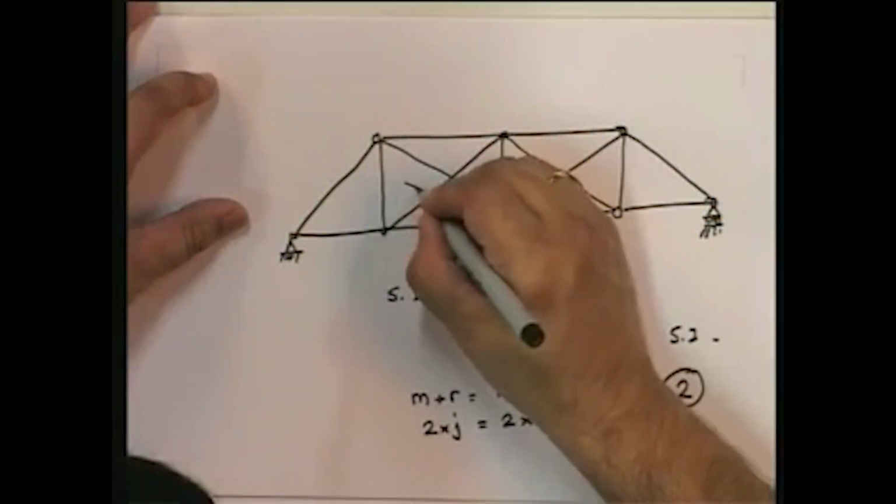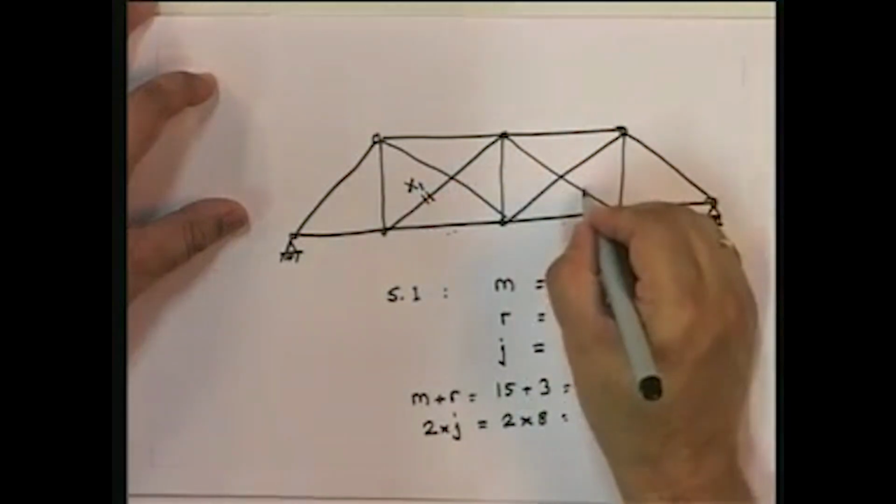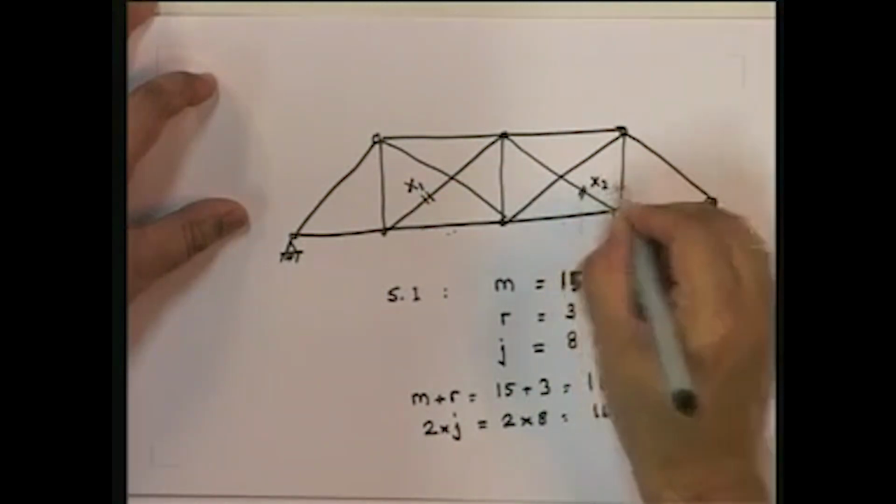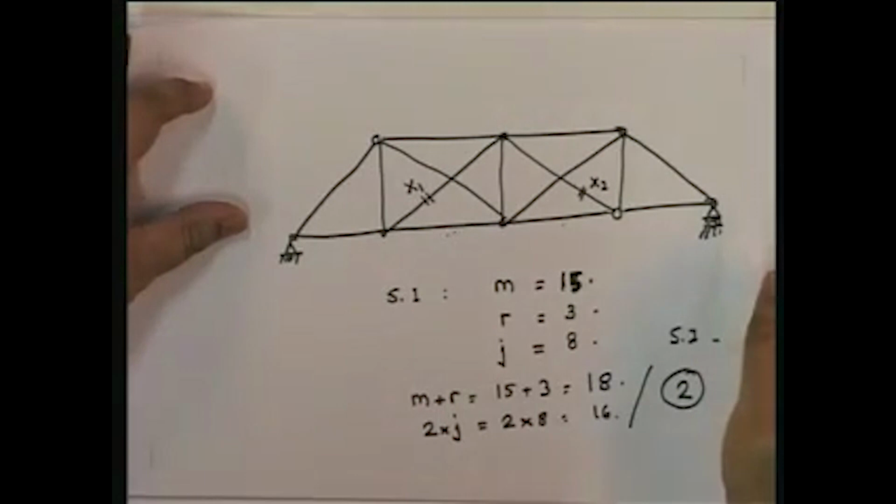So let us look at that. In this particular case, this is my x1 and this is my x2. Okay. So these are my members.